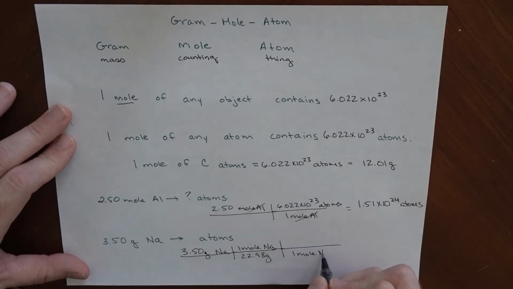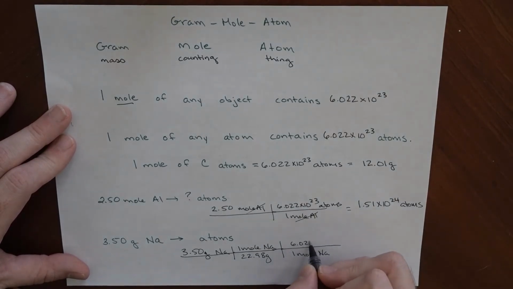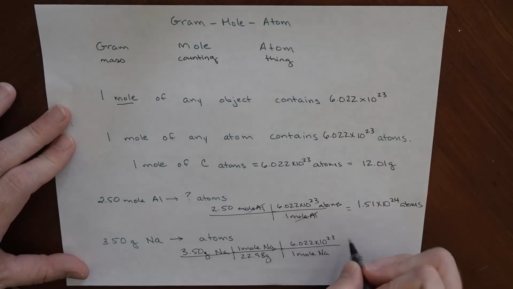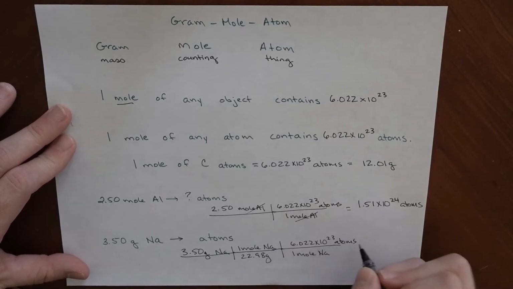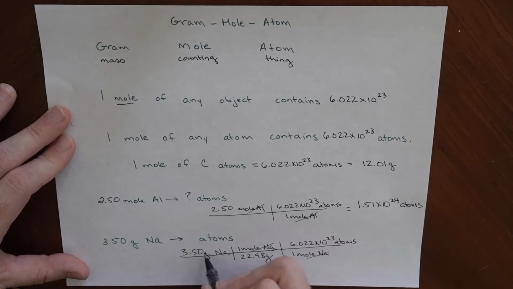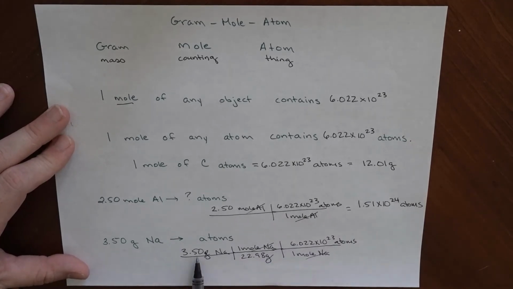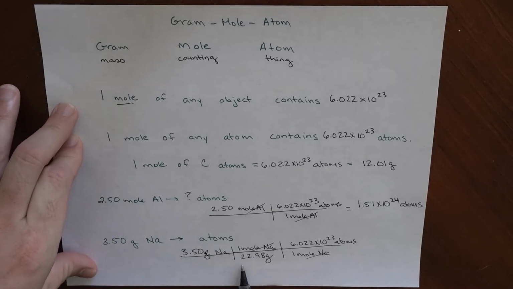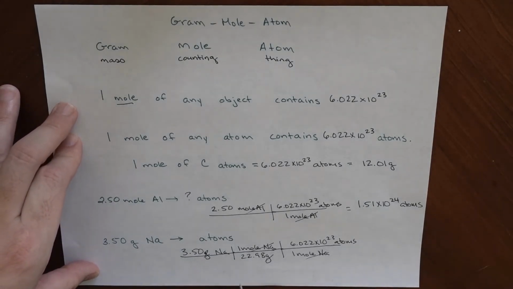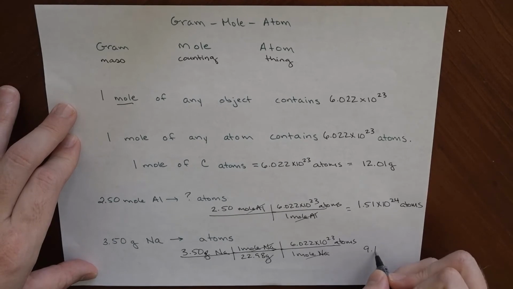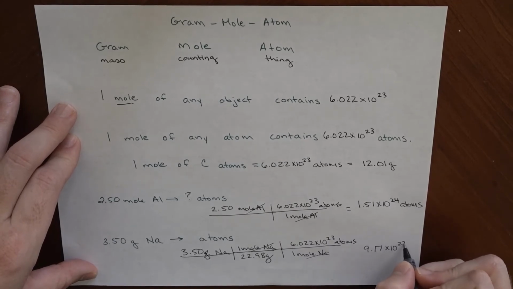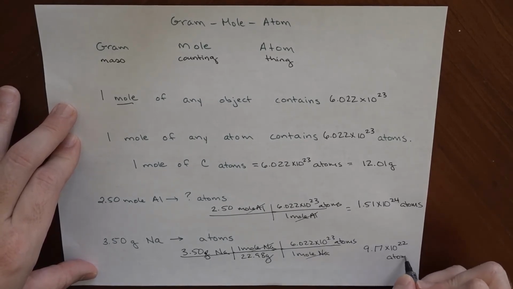And every mole of sodium contains 6.022 times 10 to the 23rd atoms. So moles cancel, as do grams. And when I multiply this by this, divide by that, I end up coming to a number of 9.17 times 10 to the 22 atoms.